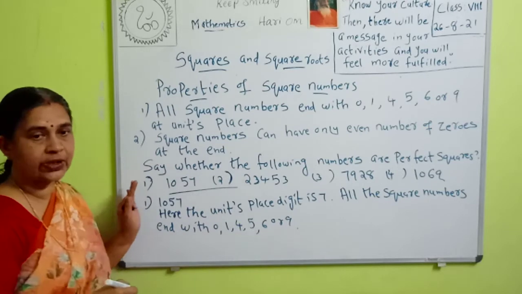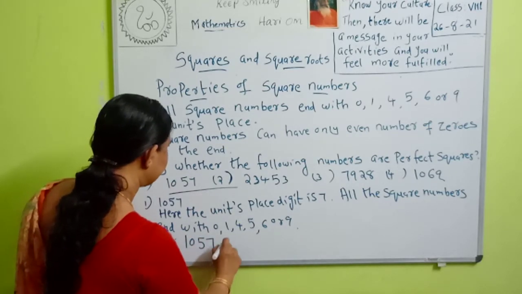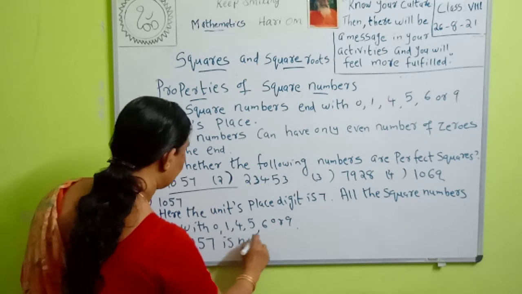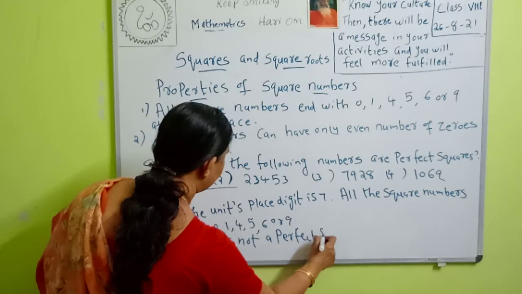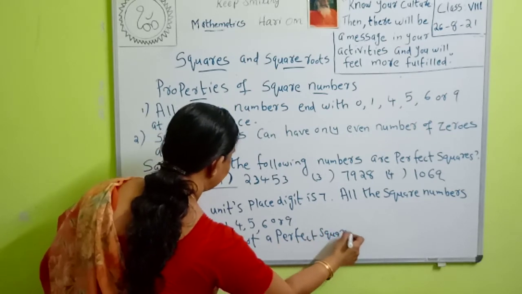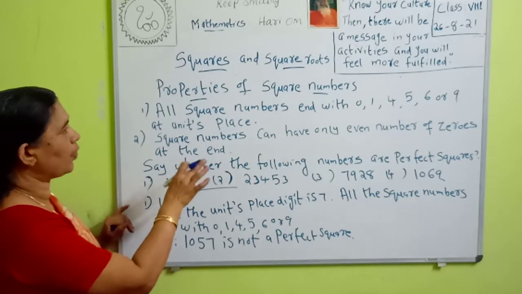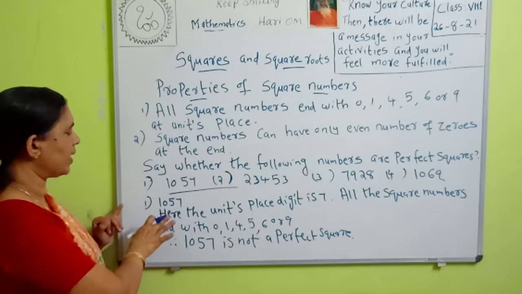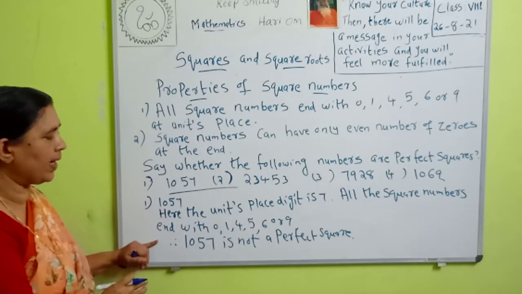Therefore, is it a perfect square? Therefore, 1057 is not a perfect square. If it is a perfect square, then it ends with the digit 0, 1, 4, 5, 6 or 9. Here it ends with the digit 7. So this 1057 is not a perfect square.